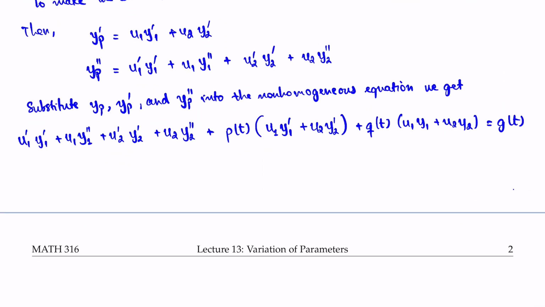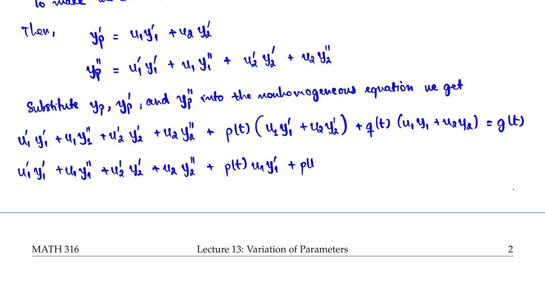So we get u1 prime times y1 prime plus u1 times y1 double prime plus u2 prime times y2 prime plus u2 times y2 double prime plus p of t times u1 y1 prime plus p of t times u2 y2 prime plus q of t times u1 y1 plus q of t times u2 y2. This is equal to g of t.